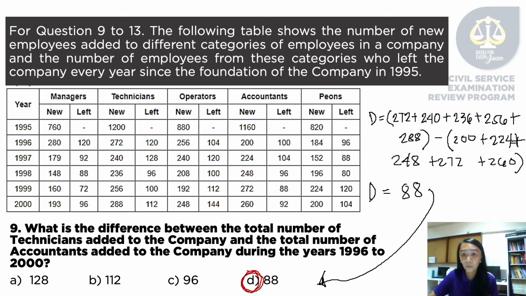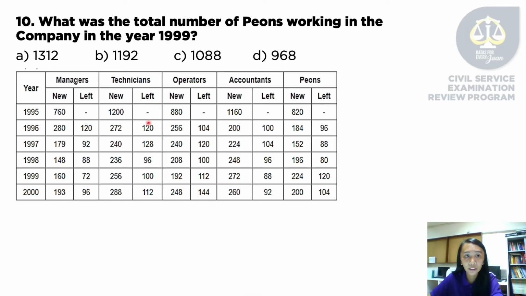Okay, next question. So for our next question, what was the total number of peons working in the company in the year 1999? Okay, so this is the year 1999. Ito po yung ating peons.